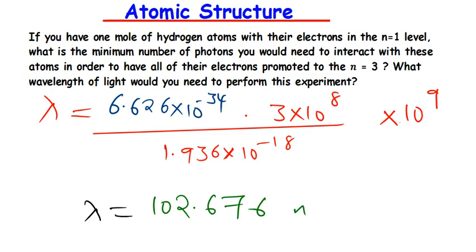You can just end up with 3 significant figures. So 103 nanometers, that's the wavelength associated with the light that would give a photon for each transition. Okay, so that's it for this question.